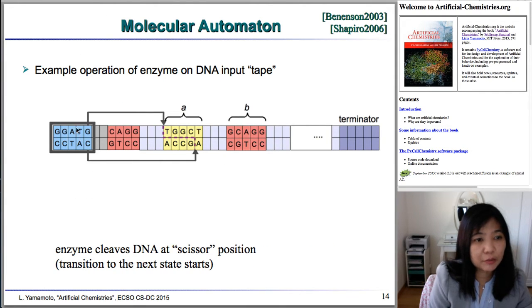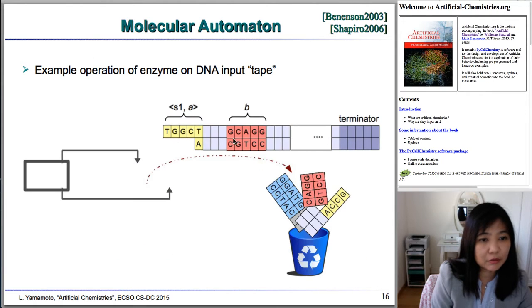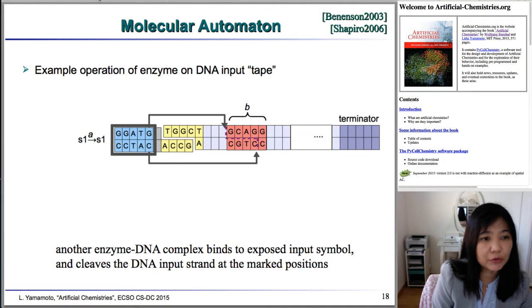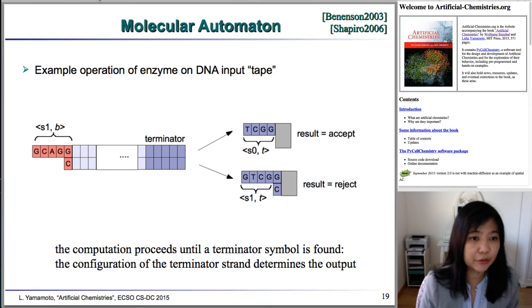After binding to the DNA, the enzyme cuts the DNA at exactly the same number of nucleotides downstream from the binding site. It cleaves like scissors. Then it releases the portions that can be recycled later for later use. Another enzyme can then bind to the next sticky end that has been exposed and match it again, and so on, doing the same kind of computation until a terminator is reached.